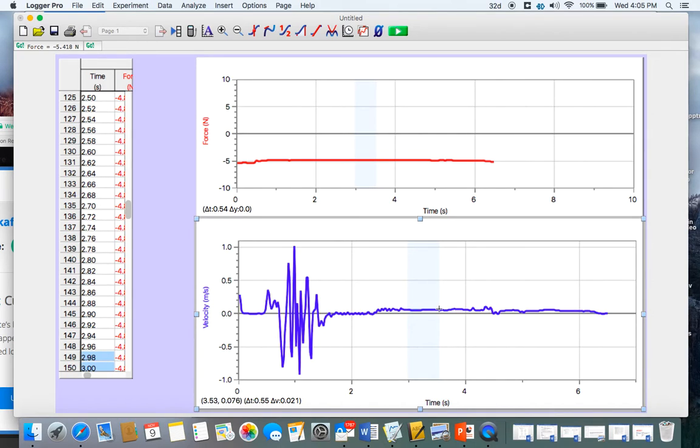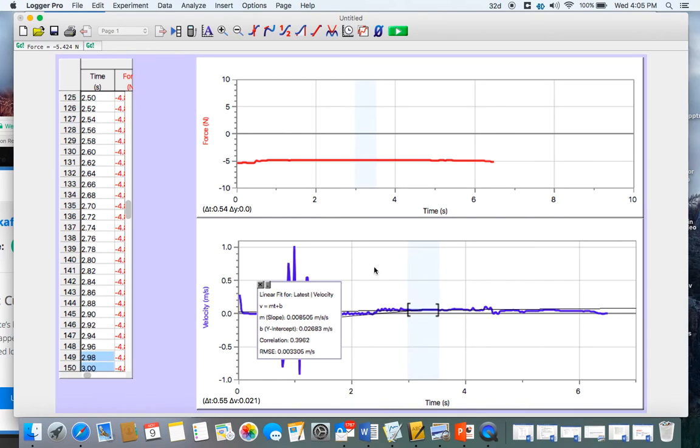I've highlighted that in a light blue. Then I'm going to take my cursor up to the top and choose this linear fit function. Notice that the label has shown up that says linear fit. I'm going to click on this function and I'm going to get a linear fit for the portion of the velocity graph that I highlighted.